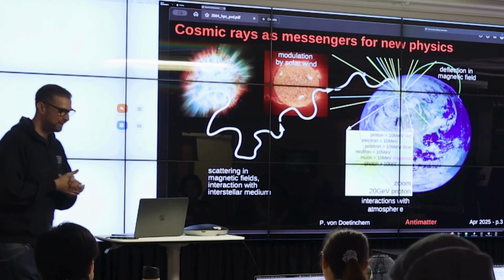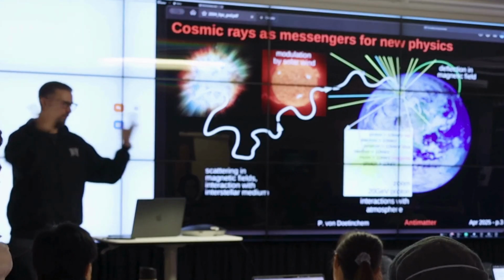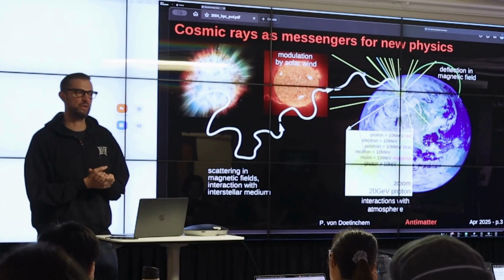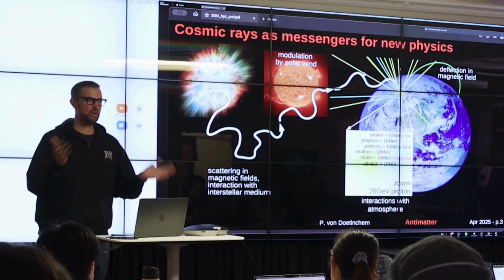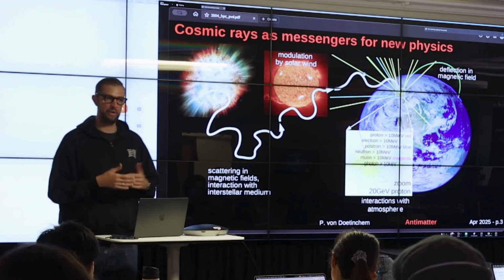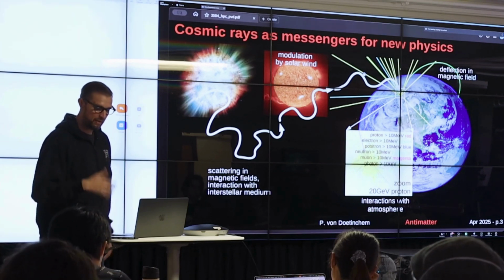We use cosmic rays as messengers from the galaxy to tell us something about the galaxy. That's the short story. We're trying to find something that we know exists, but it's one of the biggest questions in physics, known for 100 years, and we don't know what it is. So we study cosmic rays, and that's a tricky business.